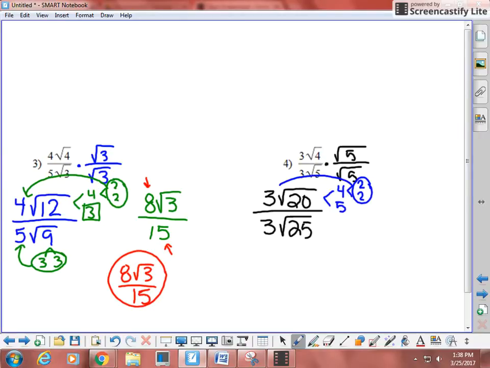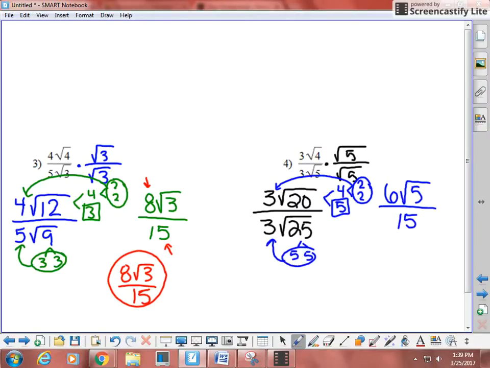I have a couple of 2s to go outside, so that gives me 6 on the outside. I have a single 5 that stays inside. In the bottom, I know the square root of 25 is 5, which gives me 15.